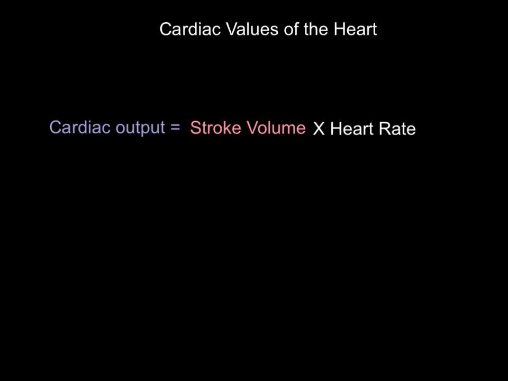Now, to give you a typical example of what that might be, at rest, your stroke volume, so the amount of blood pumped out of the heart per beat, typically is around about, on a normal average size heart, 70 millilitres. About a small mouthful of fluid. Okay, what is a typical resting heart rate?